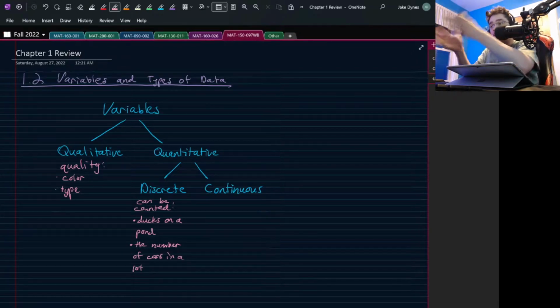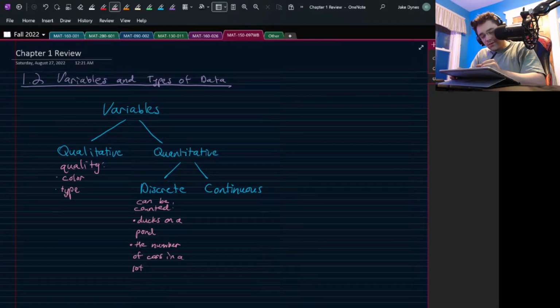You can keep chopping it up into smaller and smaller. You can keep getting more and more of an accurate number. So this is for continuous. You want to think of it can take any value in a range of values.